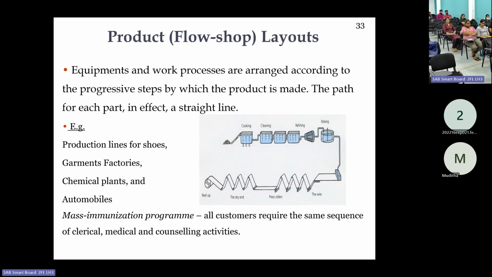Even when organizing mass immunization programs, like during the COVID period, the same treatment was given to everyone, vaccination, and to arrange the vaccination centers, the same concept has been used. So that we can expedite the processing and standardized service can be given.